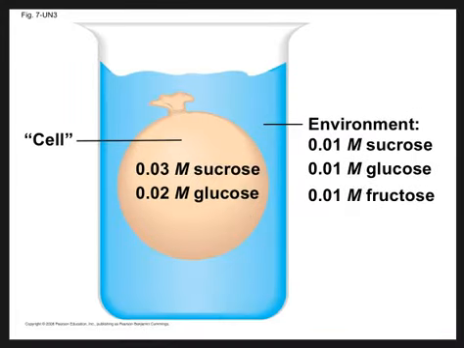All right, so here's an example for you to play with. I've got the answers on the next one, but I want you to look at the concentrations of things. So you've got a cell, and in there it's got a 0.03 molar concentration of sucrose and a 0.02 molar concentration of glucose. You know that molar means moles per liter, so you can compare these concentrations.